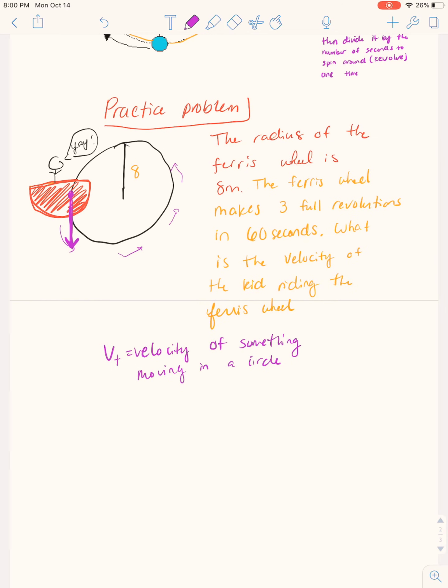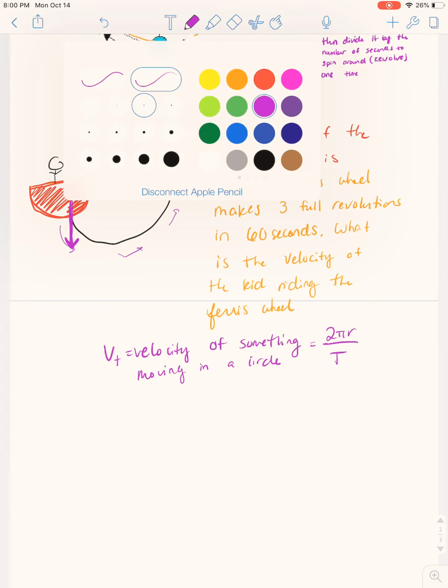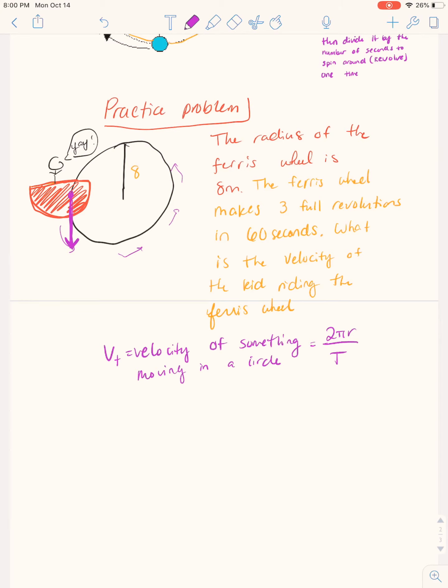Anyways, this is equal to 2 pi r all over T. Again, T is how many seconds it takes to rotate once. So he rotated three times in 60 seconds. That means to rotate once, you would do 60 seconds divided by 3, so T is then 20 seconds.